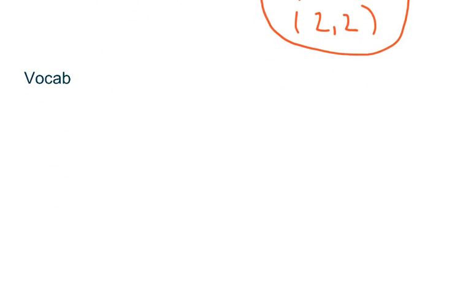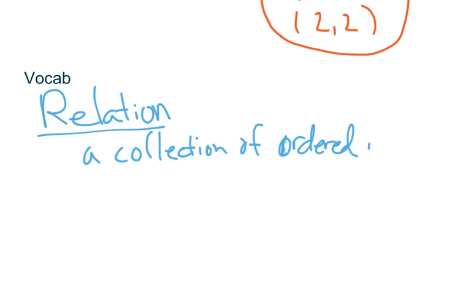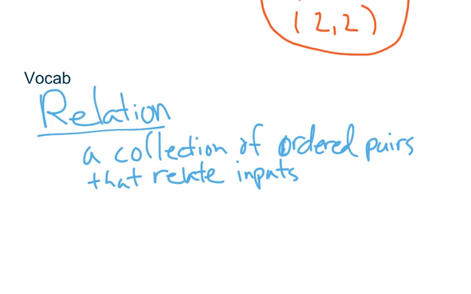So now let's talk about some of the vocab. First thing we have to define is actually a different word altogether, and that is relation. Now a relation is a collection of ordered pairs that relate inputs and outputs.